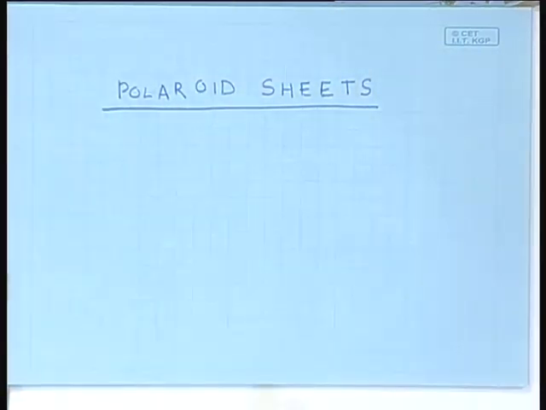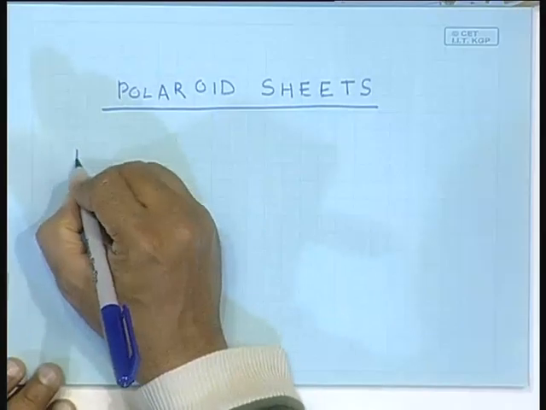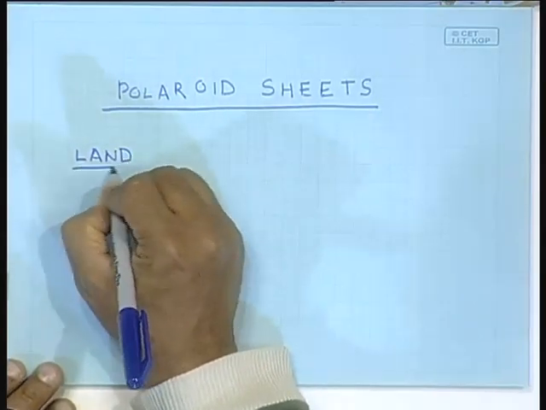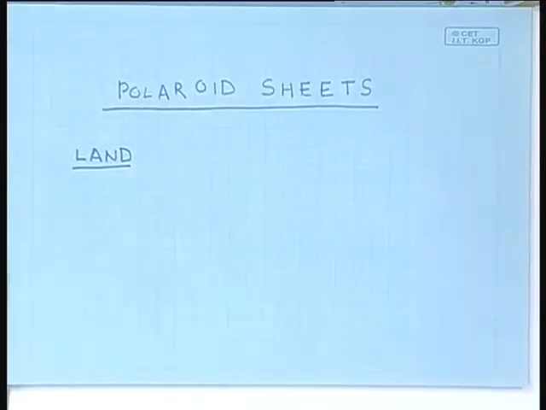These were invented by a person called Land, in the mid 1920s, who at that time was an undergraduate student at MIT. He was only 19 years old when he invented the first Polaroid sheet, and later on he developed it further, and he developed the kind of sheets which are quite commonly used now.